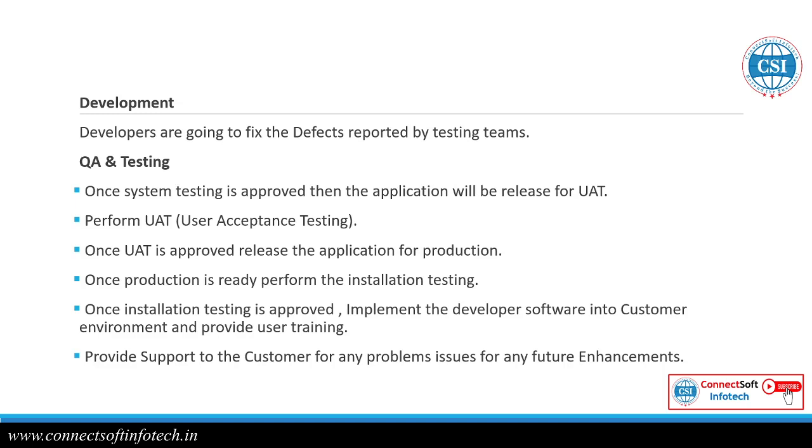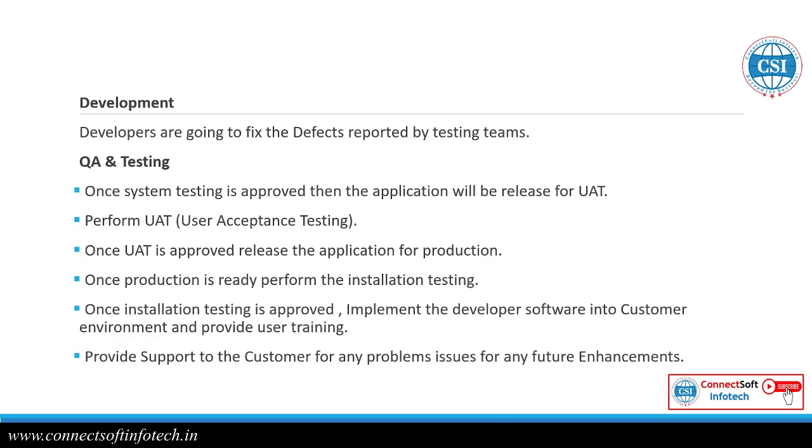Okay, and again the tester is going to check whether the defect is fixed by the developer or not, so that is known as retesting. And again, we are going to check whether any bug fix impacts the other functionality; that is known as regression testing.